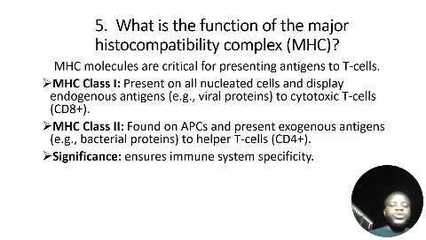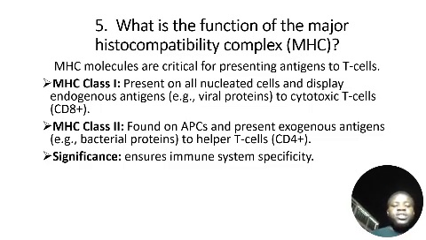The fifth question is the function of major histocompatibility complex. Major histocompatibility complex molecules are critical for presenting antigen to T cells, as we saw earlier. They have two classes, class 1 and class 2.